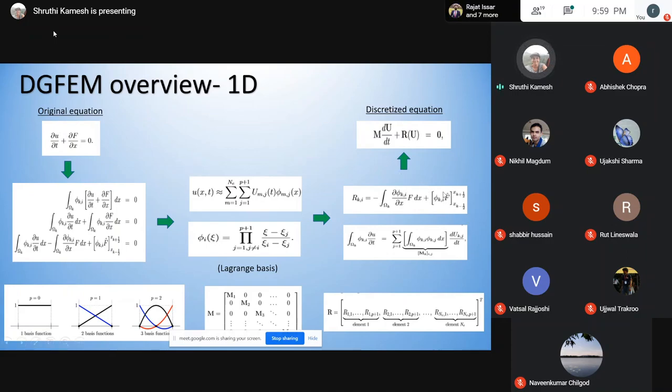So once that is done, R_K refers to the residual, which is the non-time-derivative part of my equation. So this entire part is what is called the residual, and you try to solve that.